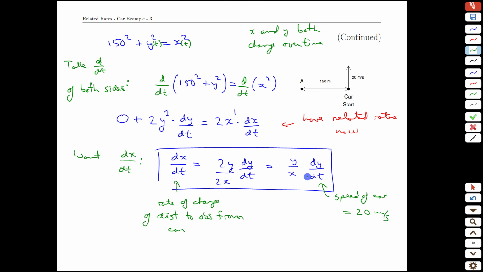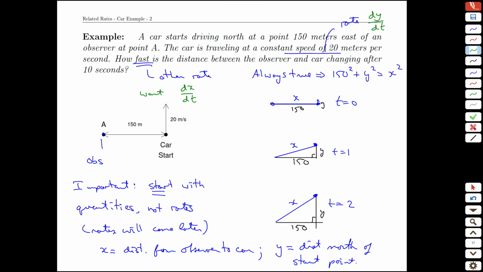All right, we're almost there. In fact, we're looking for this value here. We have dy dt. We just have to go back to the question to fill in some other ingredients here. Let's go back a page. We're asked how fast is the distance between the observer and car changing after 10 seconds. So that's the last missing ingredient.